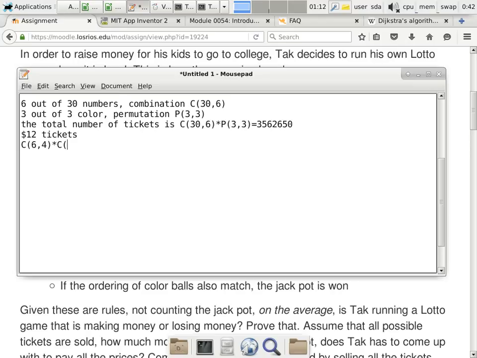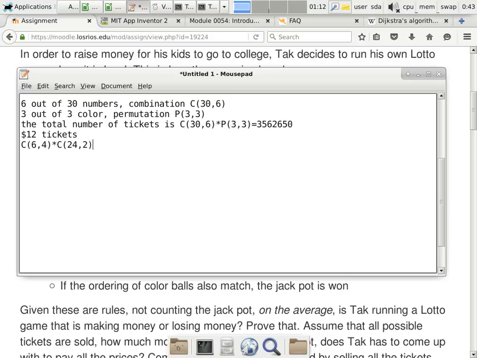So out of the 30 numbers, only 24 are quote-unquote non-winning numbers. So we are choosing out of 24, and we're only choosing 2 non-winning numbers out of the 24 non-winning numbers. So this accounts for all the combinations of numbers.